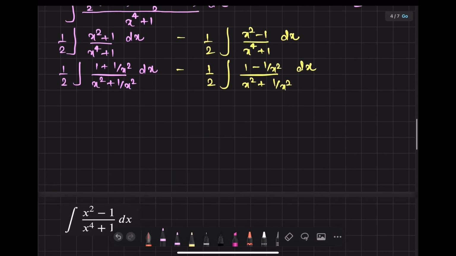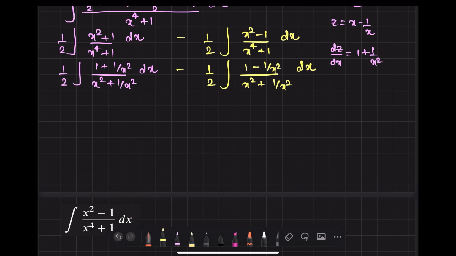Now to handle the purple part, we need to take z as x minus 1 by x, so that dz by dx will become 1 plus 1 by x square.